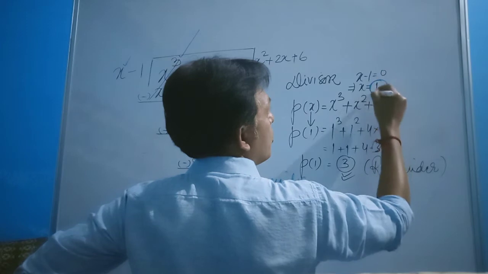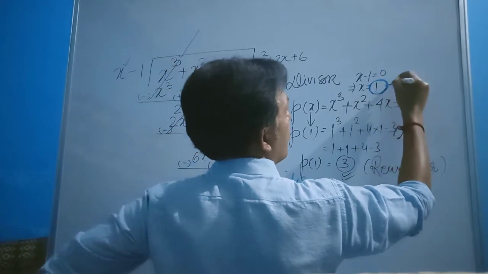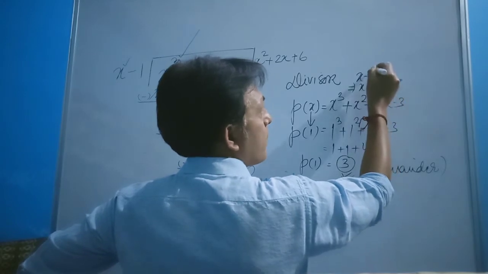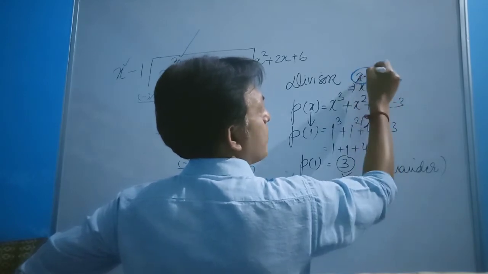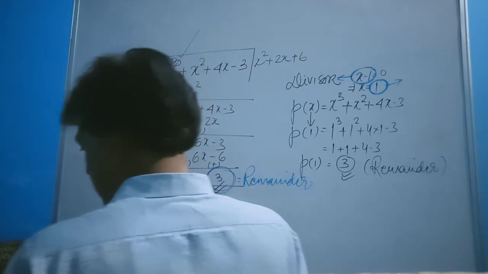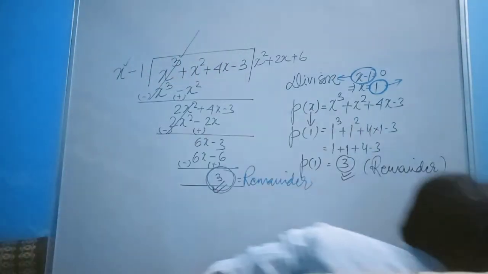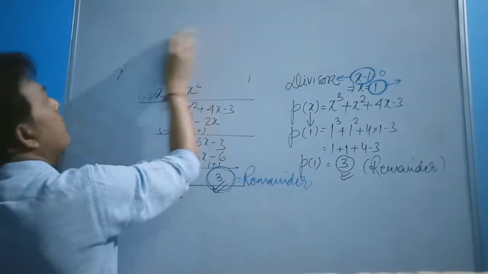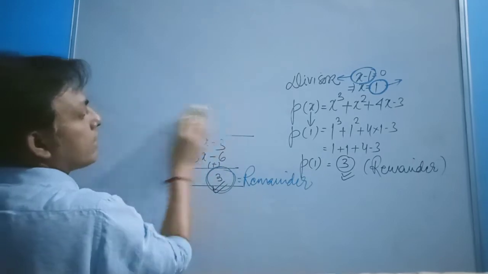The important role was of 1. This 1 you have got from x minus 1, and x minus 1 was the divisor. Correct? So, see, I am just generalizing the statement.